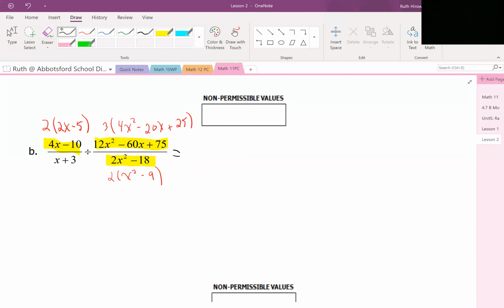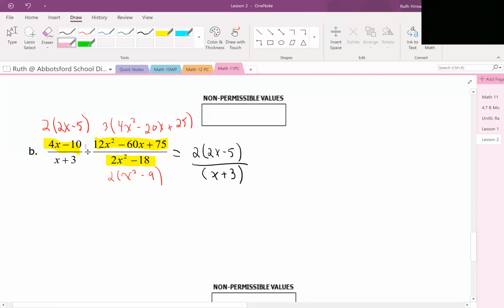Okay, so let's take our first term here, 4x minus 10, and I'm going to start writing everything in factored form. 2 times 2x minus 5 all over, and let's put that binomial in brackets so we don't get tempted to cancel terms instead of factors.